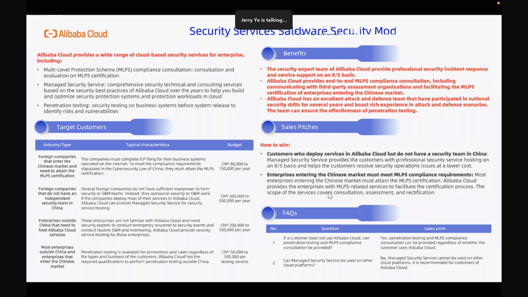The second one is the managed security services. This one is for new customers who migrate their workloads from other clouds to Alibaba Cloud, or migrate their on-premise workloads to Alibaba Cloud. They don't know how they can fully utilize the Alibaba Cloud security products. They need some guidance. So we will provide security training, security hardening, security assessment, incident response, and monitoring and detection services for this type of customers.